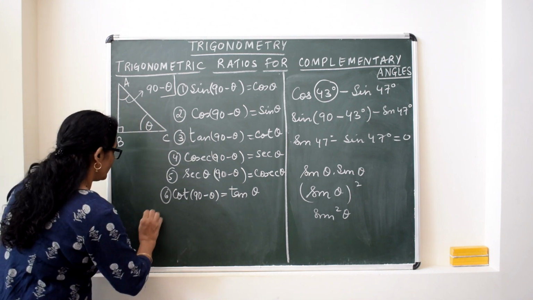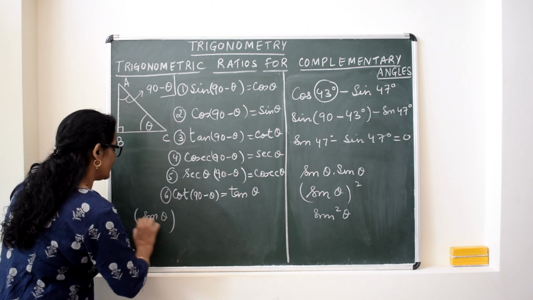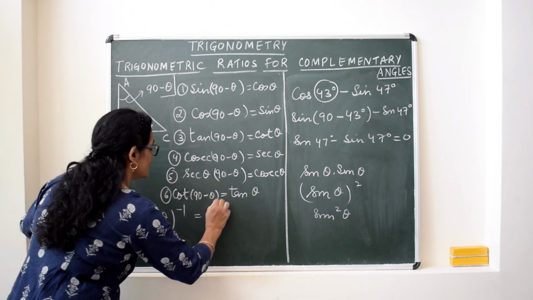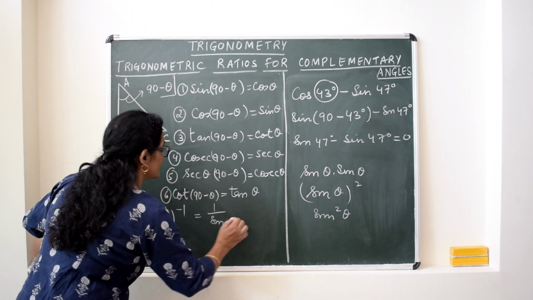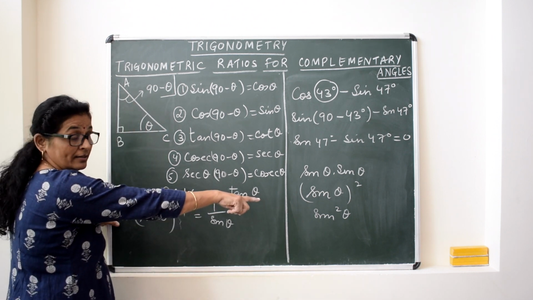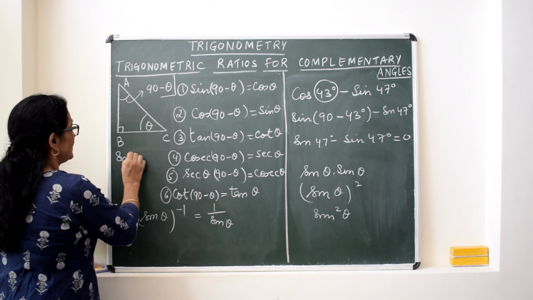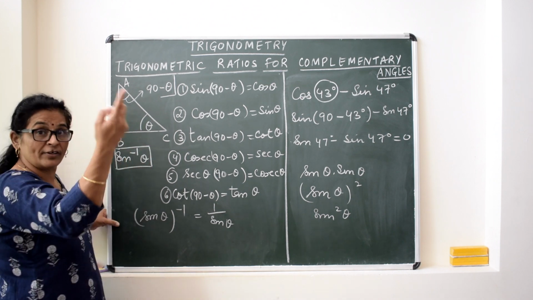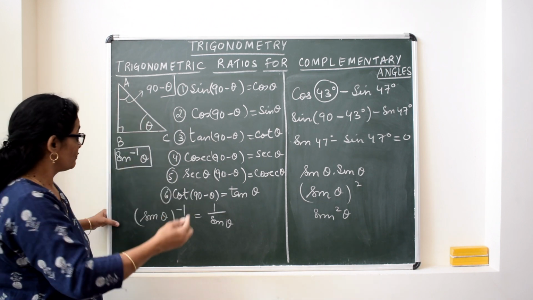This is not true for inverse. Means if you want to write sin theta to the power minus 1, the meaning of this is 1 upon sin theta. And we will not write this as sin inverse of theta, because the meaning of this is different, that we'll do in higher classes.